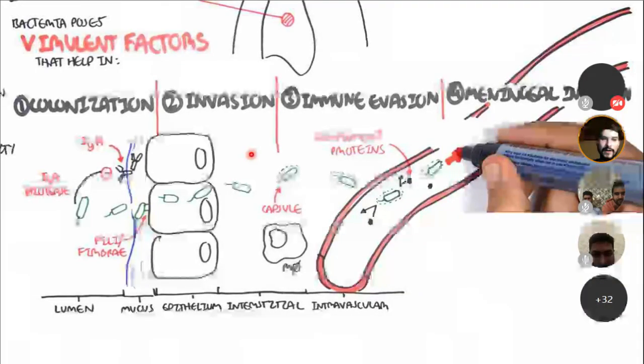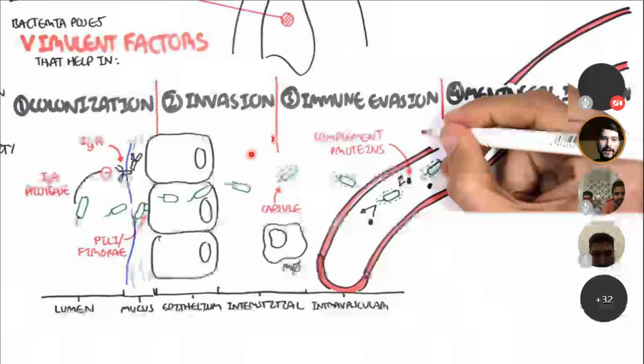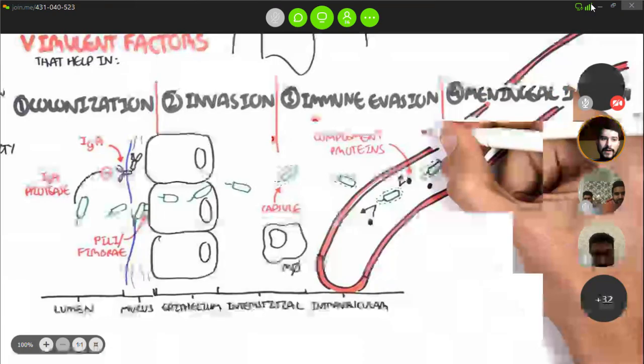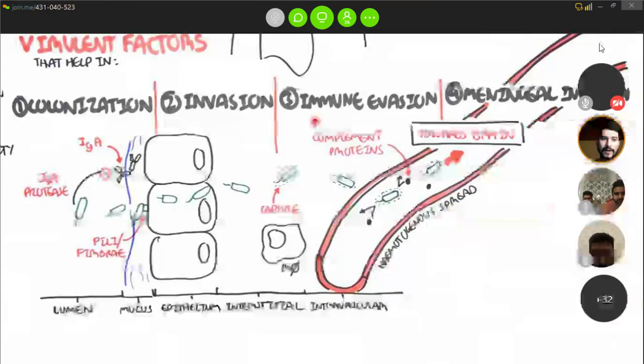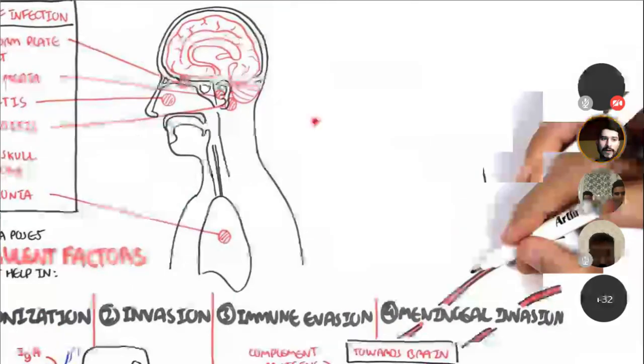Now, if you remember from biochemistry, the brain tissue is the one that consumes the biggest amount of glucose in the body. It loves sugar, so it's like heaven for them. So they start multiplying, reproducing like hell, just because they have a very favorable environment.